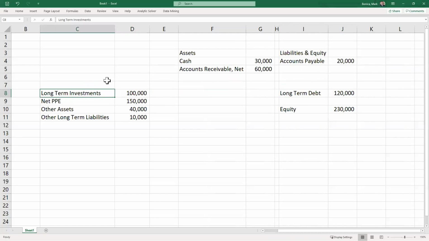Long-term investments. Not-for-profit hospitals and other large organizations, for-profit and not-for-profit, may have long-term investments where they take money and set it aside with the intent of using it somewhere down the line.